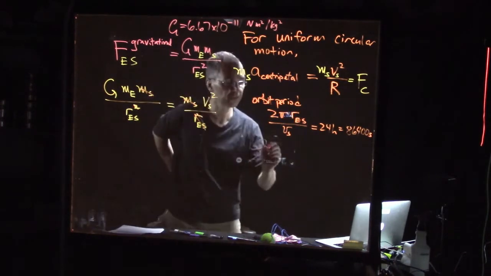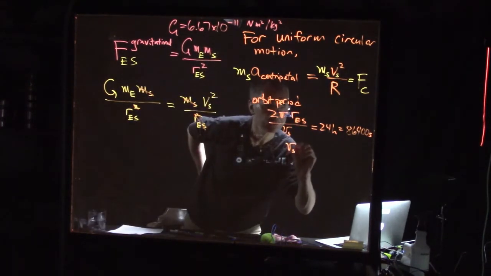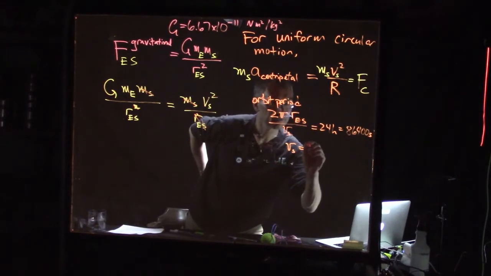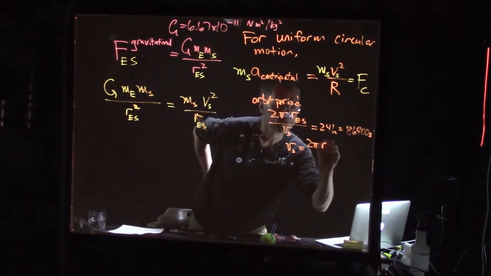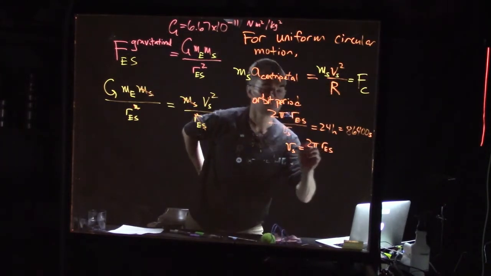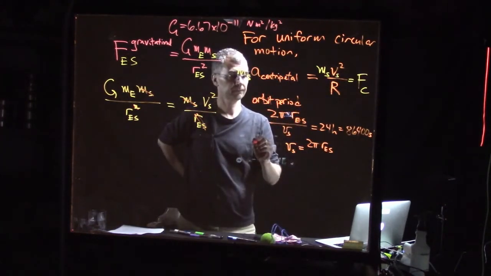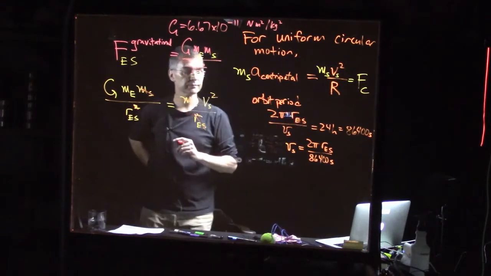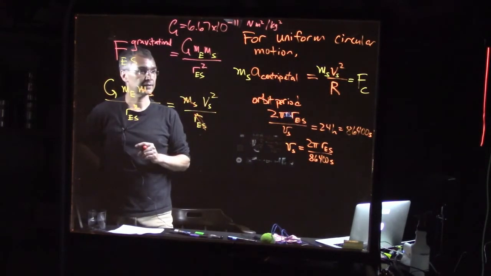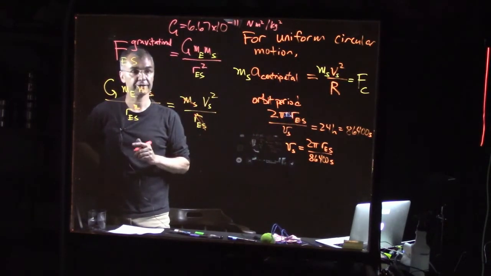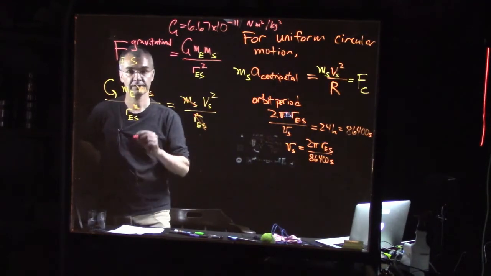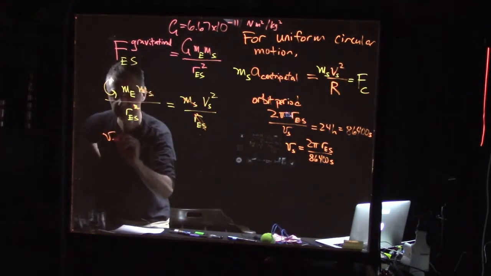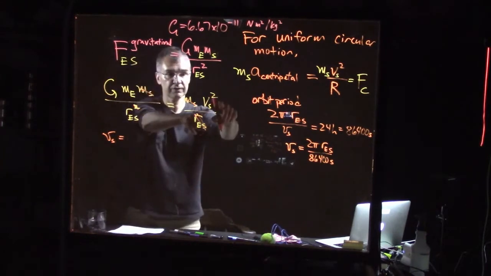So in this case, we have v equals 2 pi r divided by 86400 seconds. And here we have v, it's all on the right side.